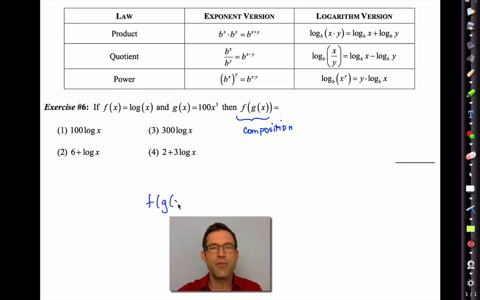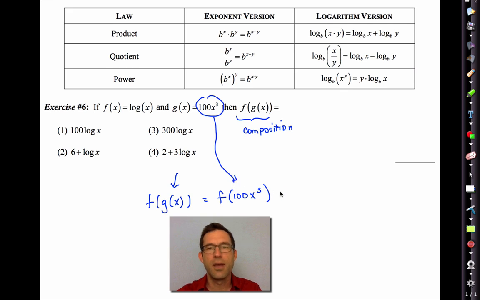Now remember, when we have f of g of x, what that means is that g of x goes into the input of f. So we're literally looking at f of 100x cubed, right? All I did was take the g and put it in here. But that means I must have the log of 100x cubed.